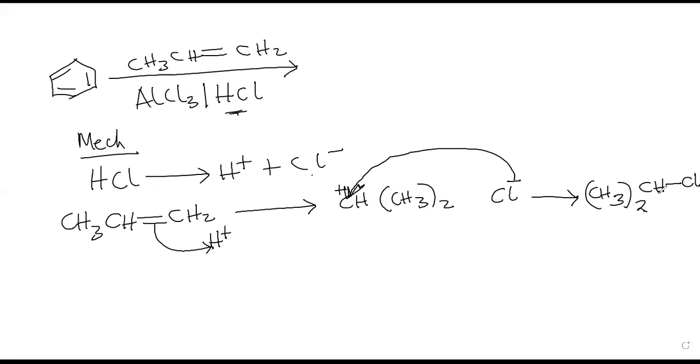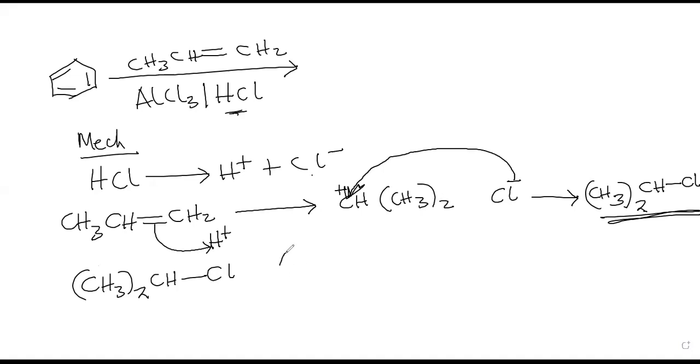So at this point, now you bring this. So on bringing this, we are going to have CH3, 2, CH, Cl. Now, we are going to also bring our halogen carrier at this point.